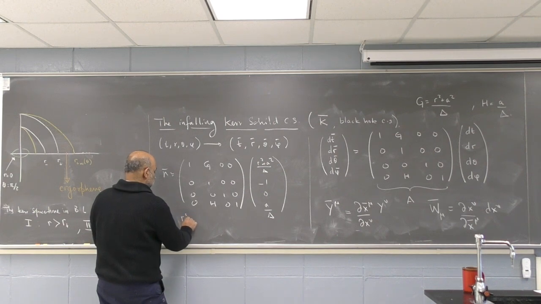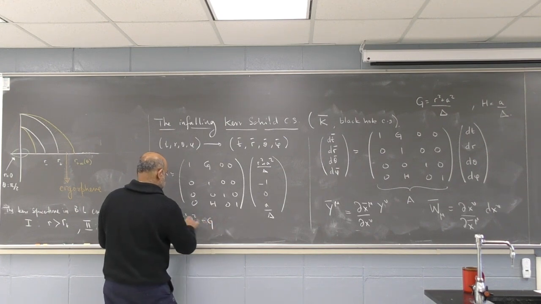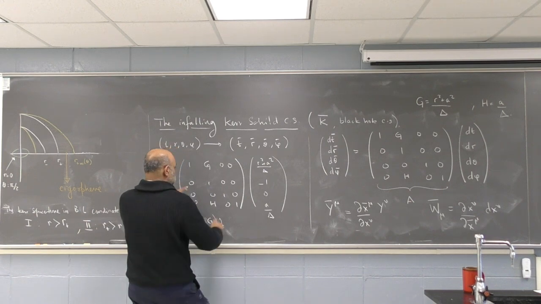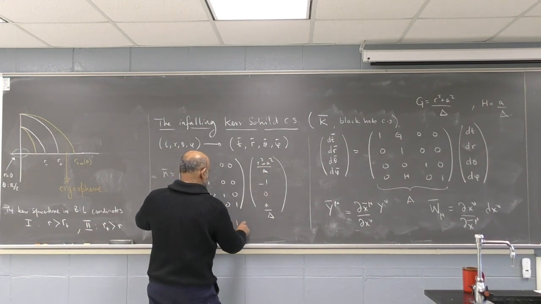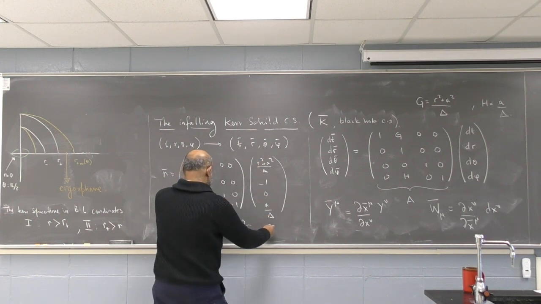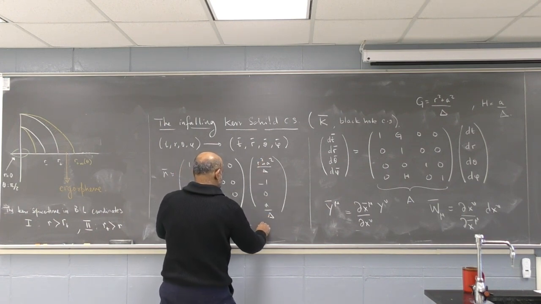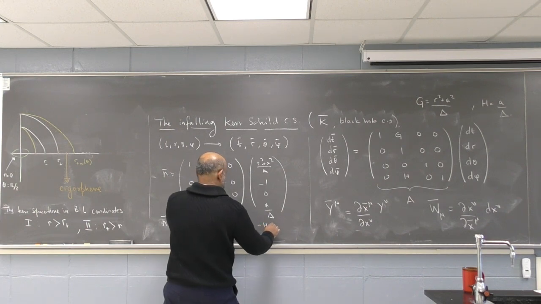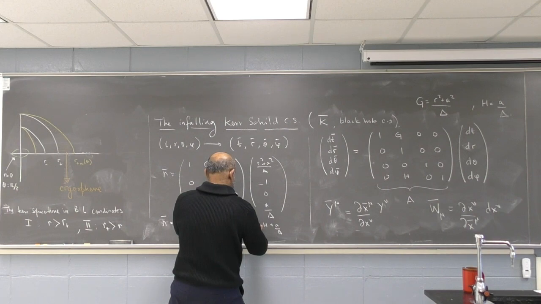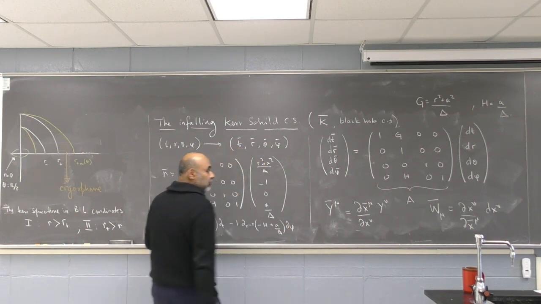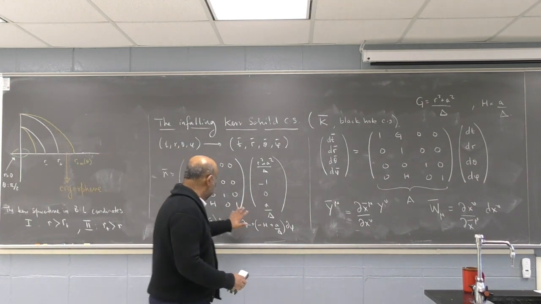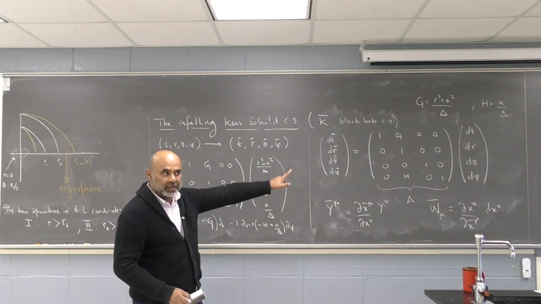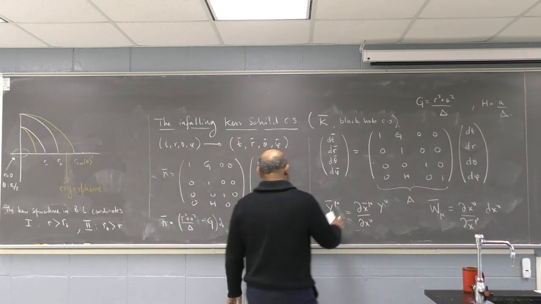It's going to be r squared plus a squared over delta, minus g in the dt component, and then -1 in the dr component, completely 0, minus h plus a over delta in the d phi component. I don't need this information anymore, but is it clear how we got this before I erase that part of the board?